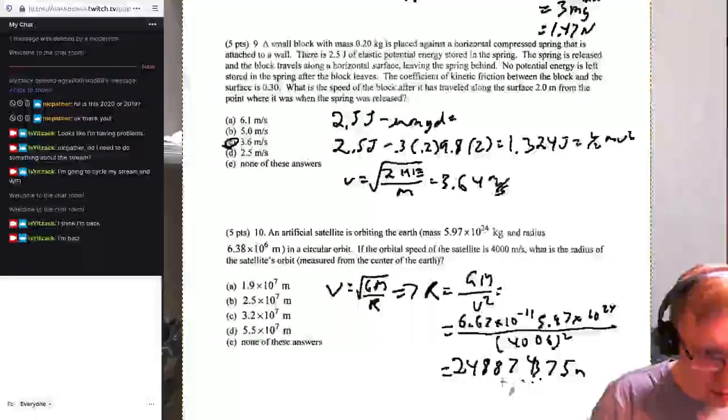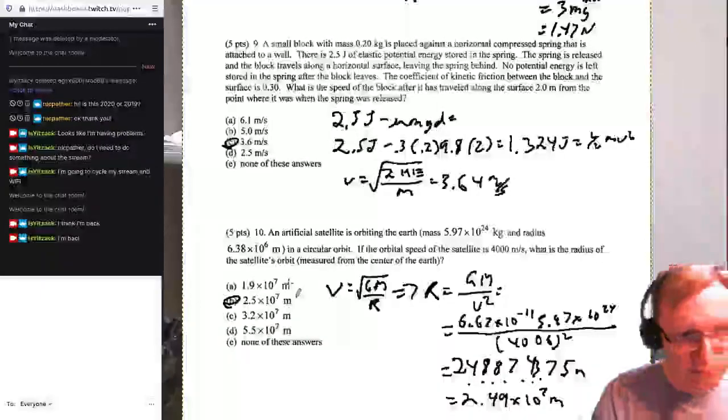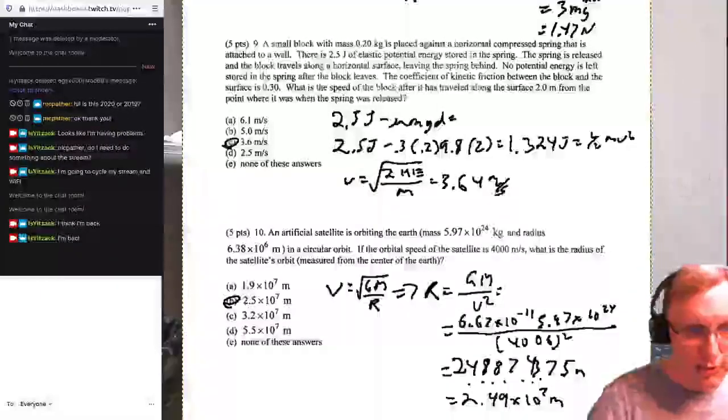So that is 2.49 times 10 to the 7 meters. 2.5. Take it.